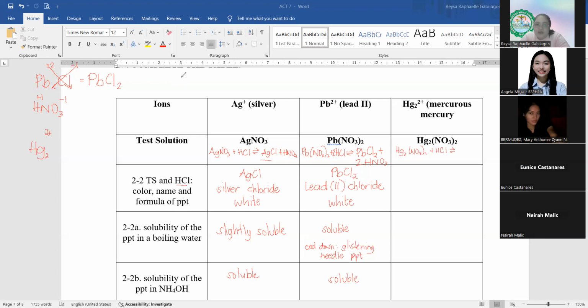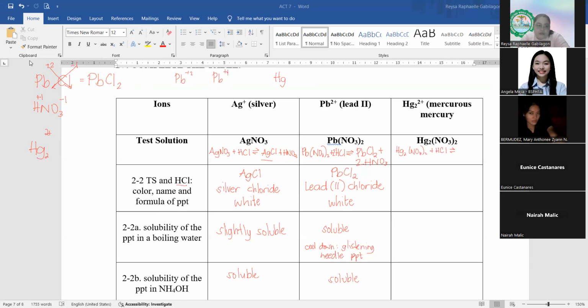Hindi siya kagaya nung iba na, for example, lead. Lead is +2 and +4. Si mercury, dalawa din yung charge niya, pero yung lower charge niya is +1, pero you don't write it as +1 like this. Okay? The lower charge ng lead is written, wait.